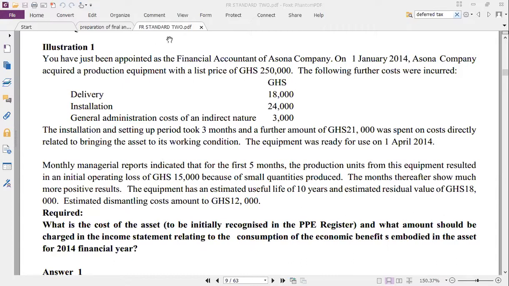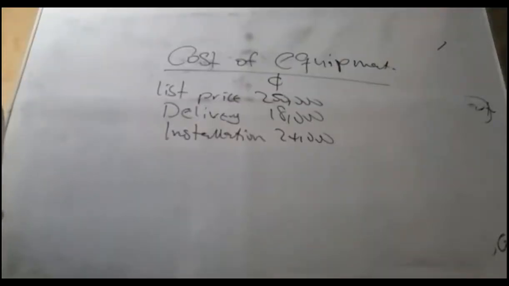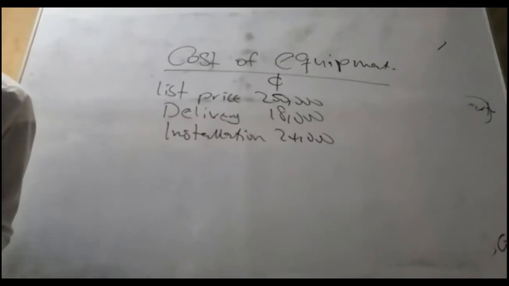Now, look at this. The requirement is very critical and important. If we ask you to account for the above, then tell us where you treat each and every transaction. So now you have to tell me where the admin cost will go. If you don't tell me, you lose marks.